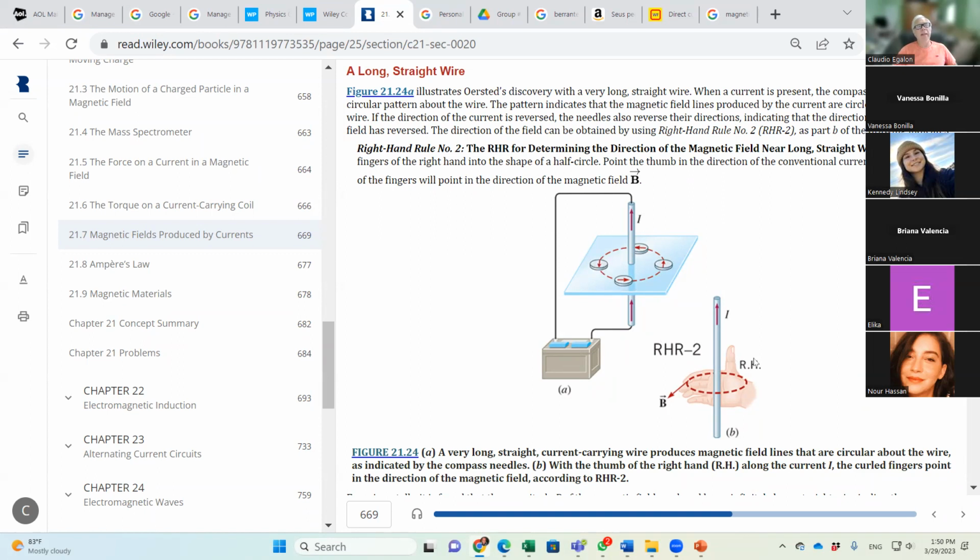And how do you determine the direction of the magnetic field? You determine the direction of the magnetic field, again, using the right hand rule. You see how useful the right hand rule is? You point the thumb of your right hand in the direction of the current and rotate the palm of your hand. The direction of the palm of your hand tells you the direction of the magnetic field. That's how you do it.